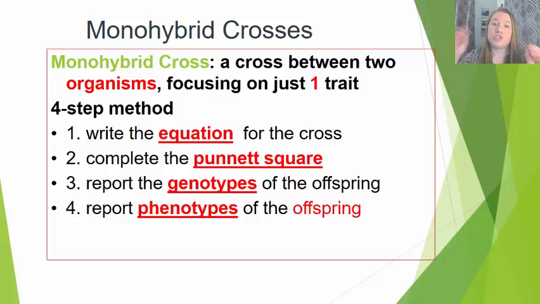Then we put those genotypes around the outside of this Punnett square and solve the Punnett square. Finally, inside each of the boxes of the Punnett square, that will give us the genotypes for the possible offspring. And based off of the genotypes, we can determine the phenotypes or physical appearance of the offspring.